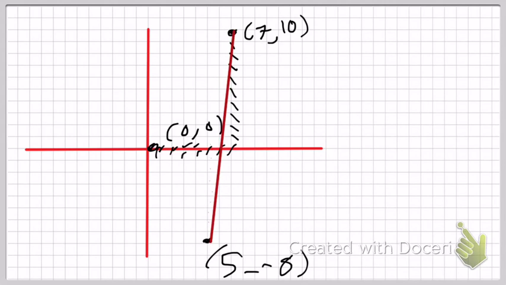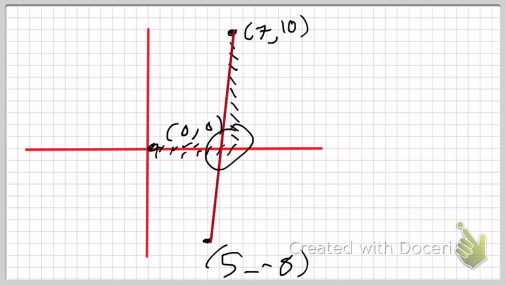So what the problem is asking us is what is the midpoint on that line? Now, if I was just going to estimate, I'd say it was kind of somewhere around here.